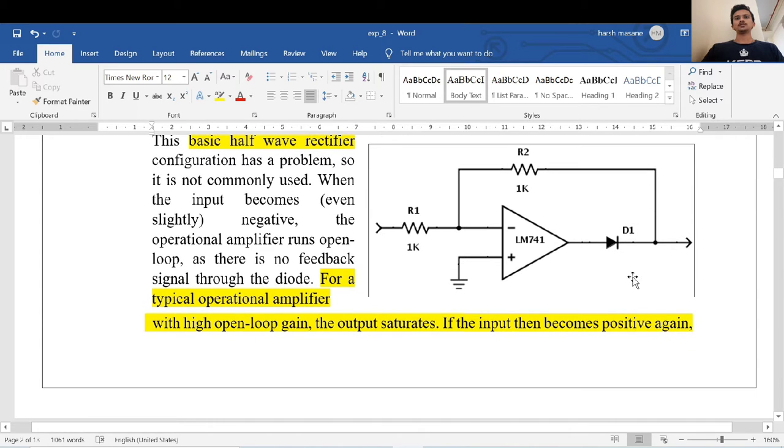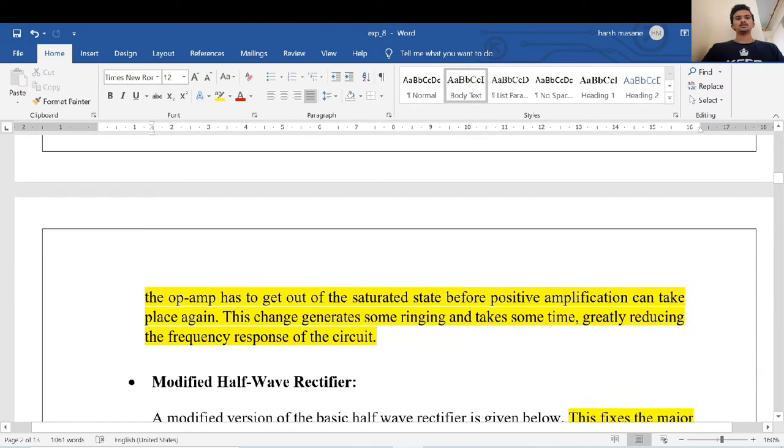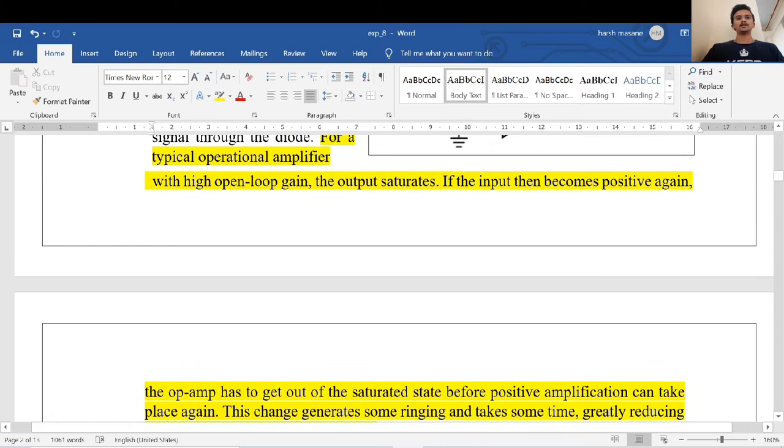And when there is a negative cycle, or when the Vin is less than this cut-in voltage, the output of the op-amp is 0. So let's see this circuit on the LT-Spice.